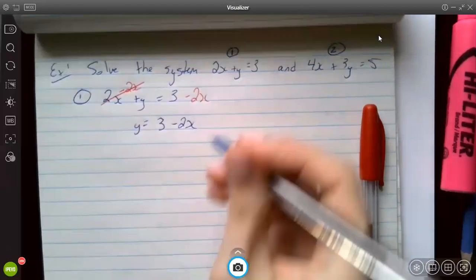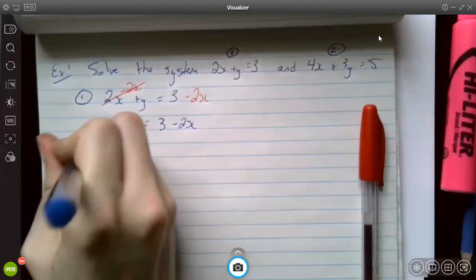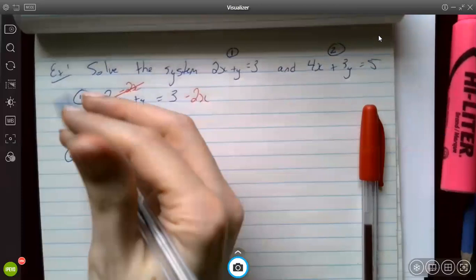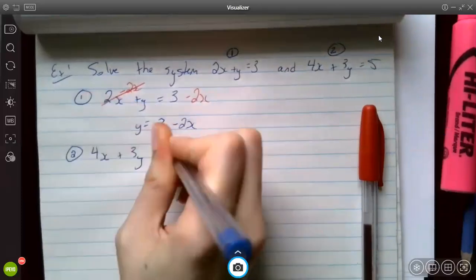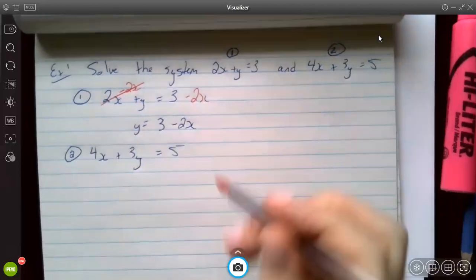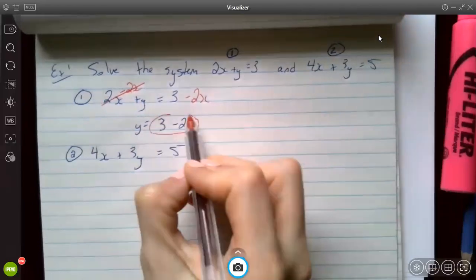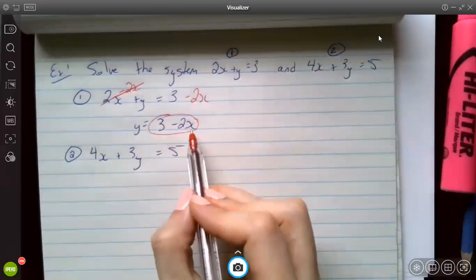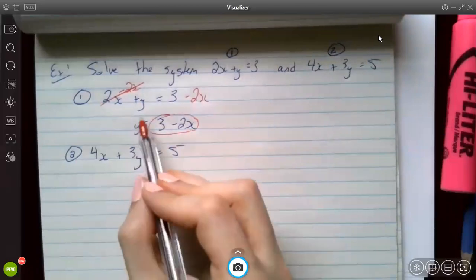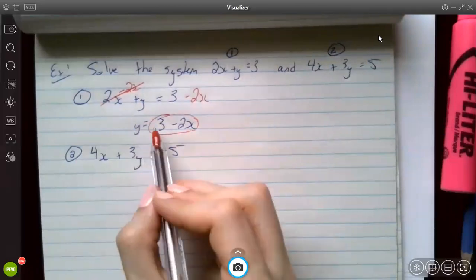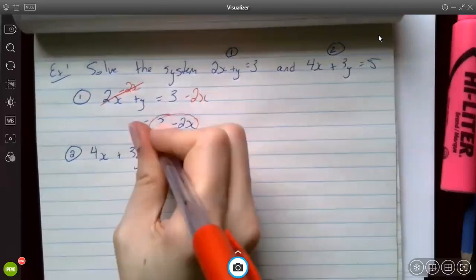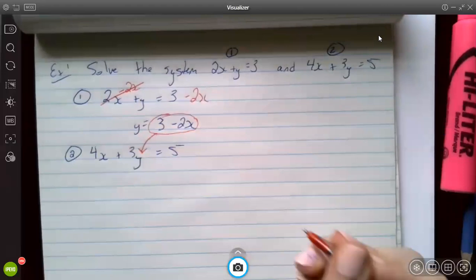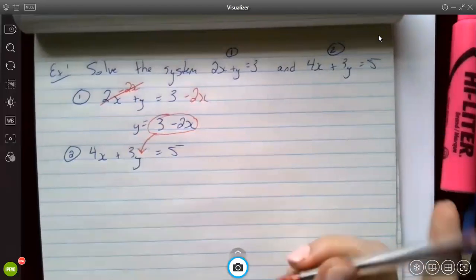Our second step is to then take our second equation, 4x plus 3y equals 5. And because all of this, the 3 minus 2x, is all equal to y, I can use the 3 minus 2x to replace the y in the second equation.